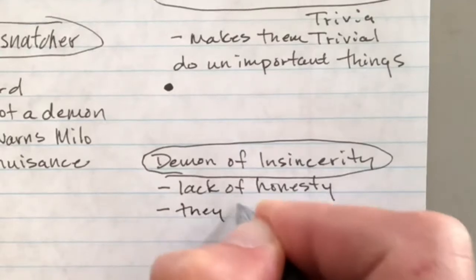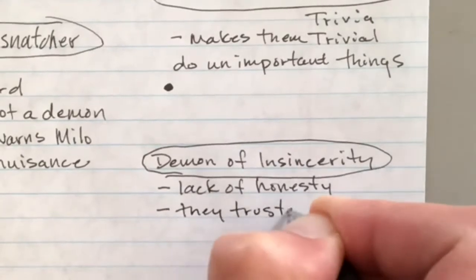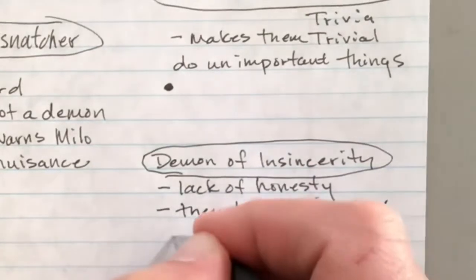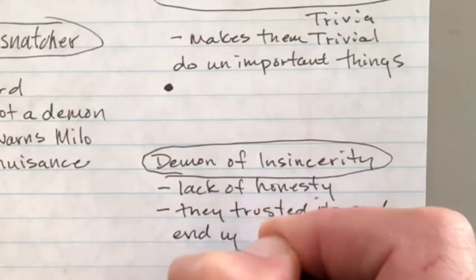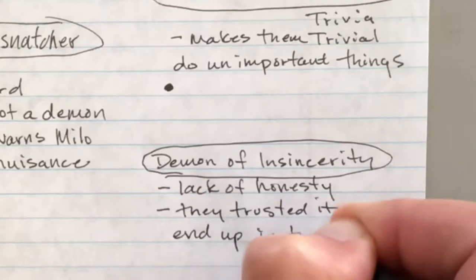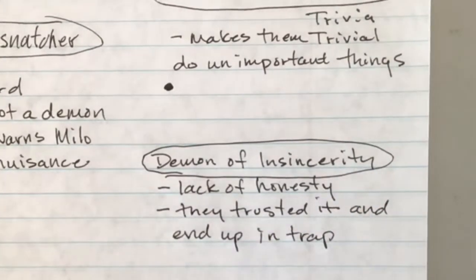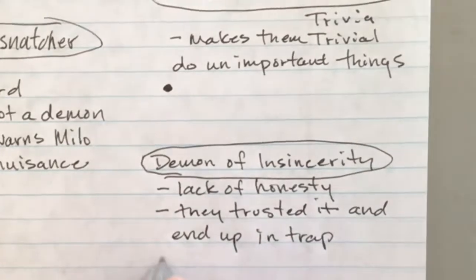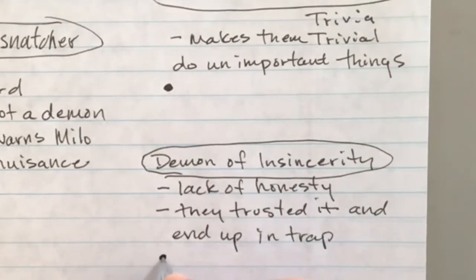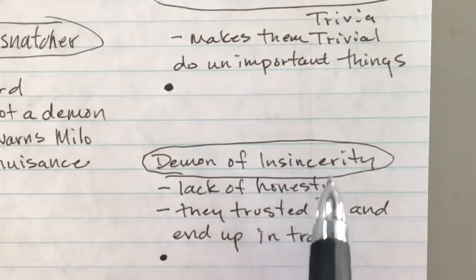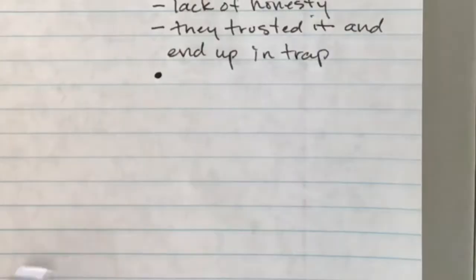So they trusted it and ended up in a trap. Okay, so I'm also going to say, wait a minute, there's probably a reason that the author used this demon.